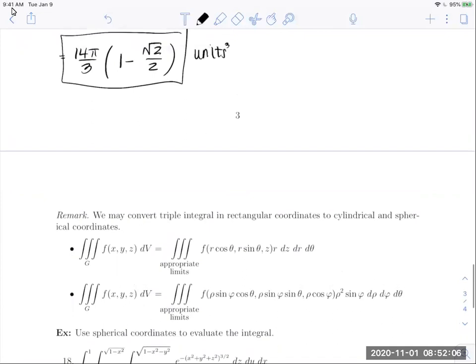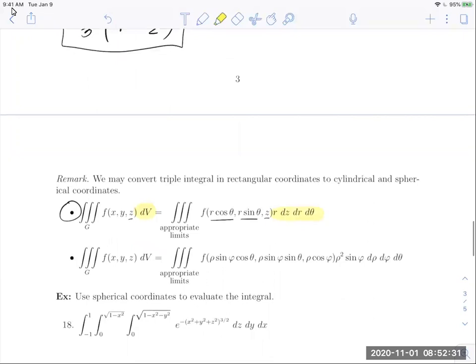But first here, we just have a remark talking about the various ways to convert from rectangular to the other two coordinate systems. So this first bullet point here is just saying, look, x is r cosine theta, y is r sine theta, z is z, so you don't need to transform, and then dV becomes r dz dr d theta.